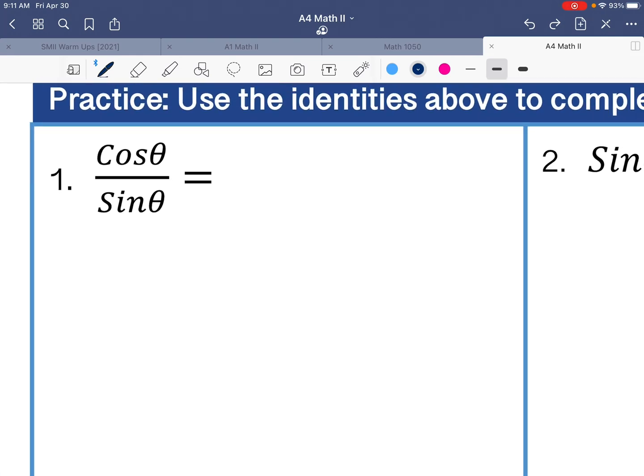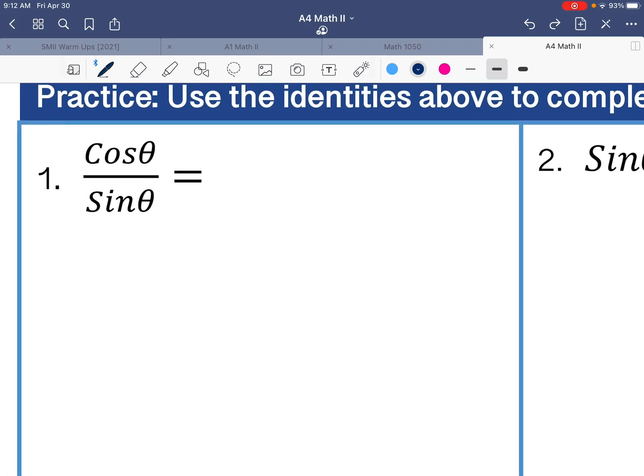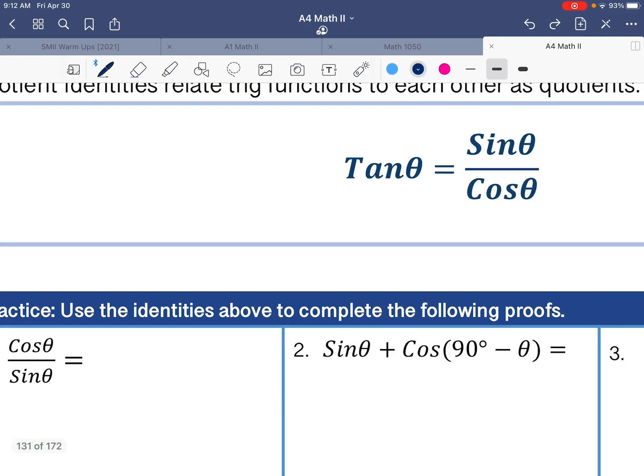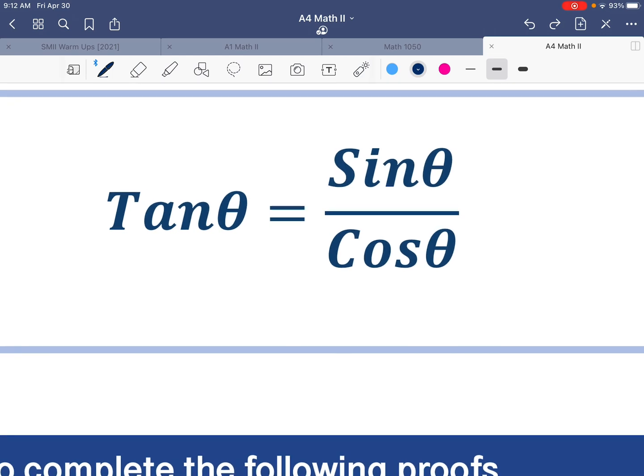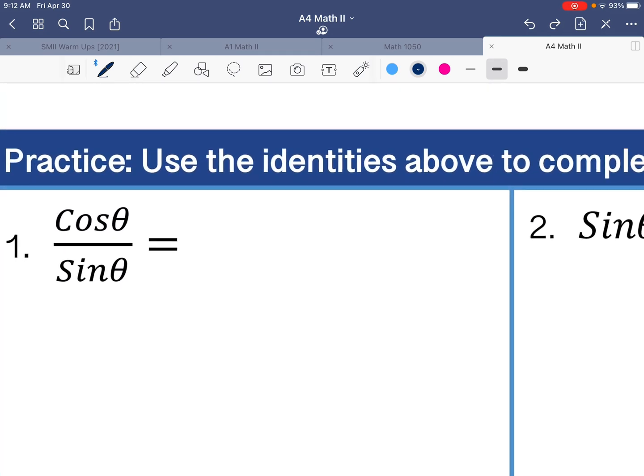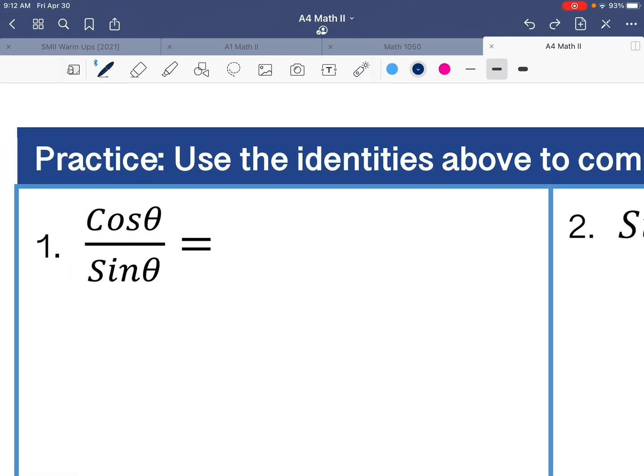So cosine over sine is exactly the opposite of sine over cosine, right? It's like upside down. So for example, cosine over sine is the same thing as 1 divided by sine over cosine, because when you divide by a fraction, you multiply by its reciprocal.